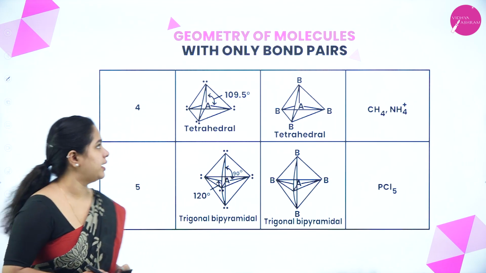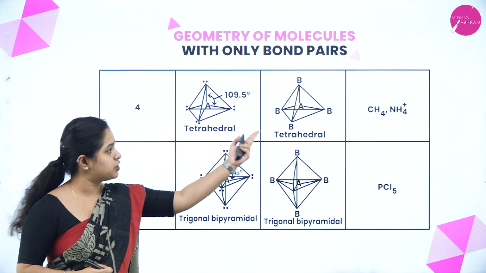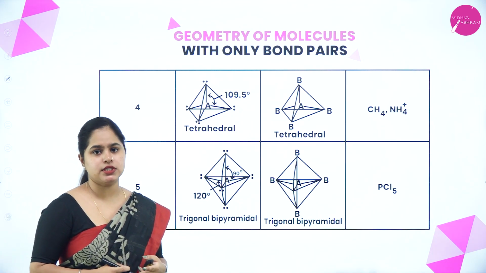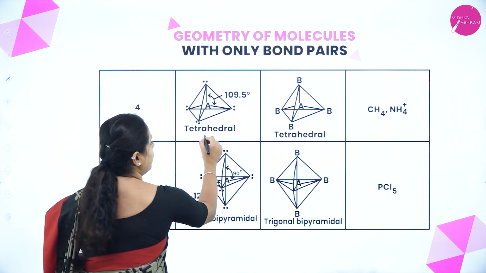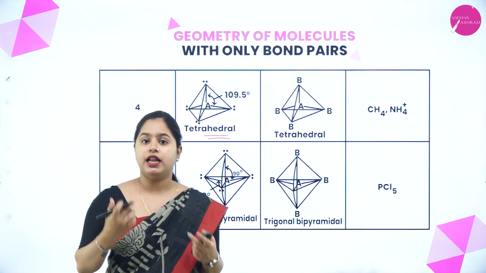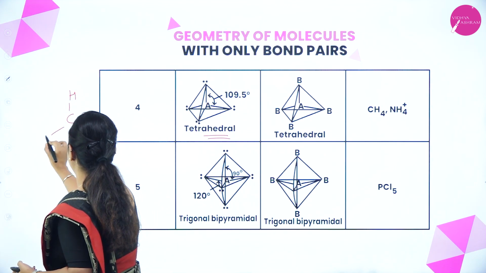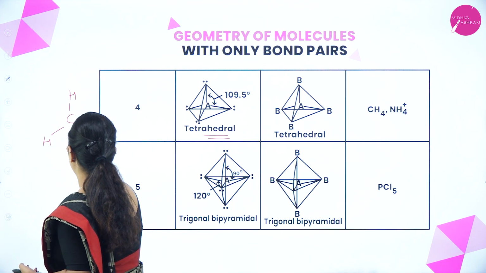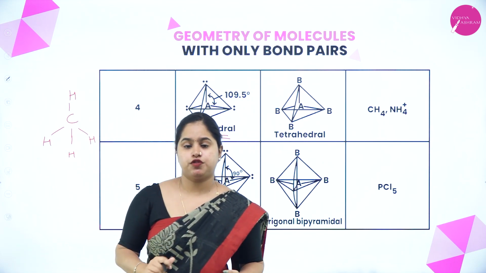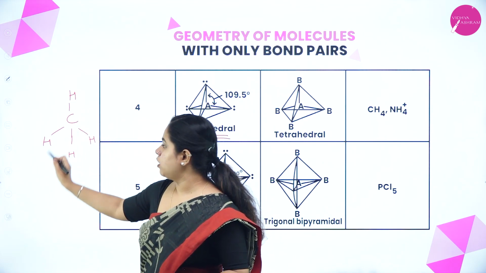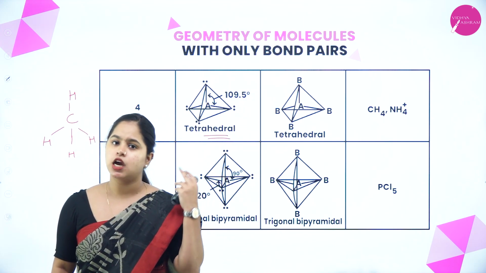Now, moving on to the next one, that is 4 electron pairs. In the case of CH4 molecule, this happens. The geometry or the shape is called tetrahedral if the electron pairs are 4. As you can see here, CH4 has 4 bond pairs and no lone pairs, so the total number of electron pairs is 4.